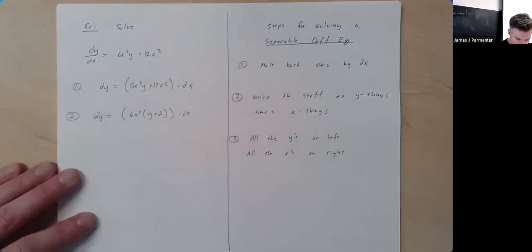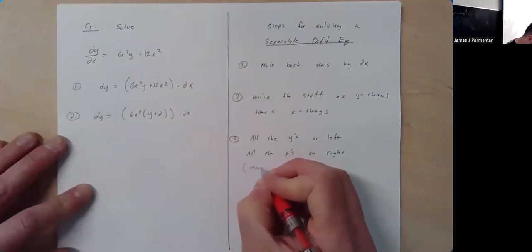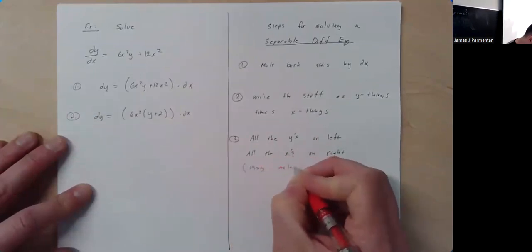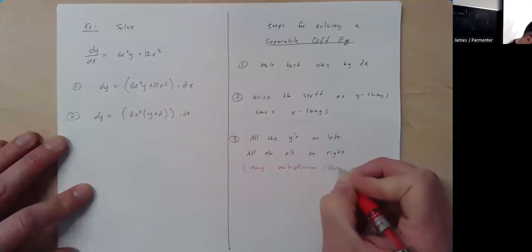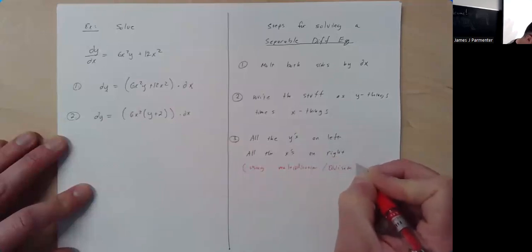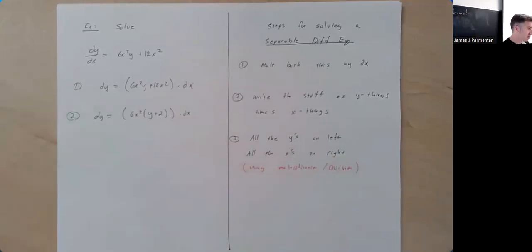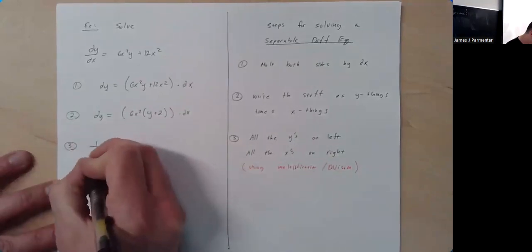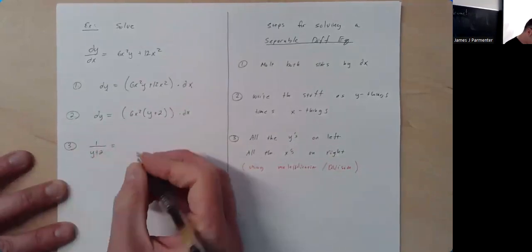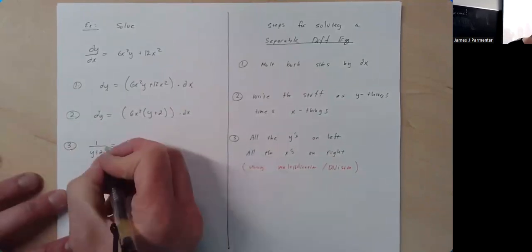And I should point out at this stage, the only way we can do that is by using multiplication and division. We cannot add or subtract pieces. So I'm going to divide both sides by y plus 2. So I'm going to have 1 over y plus 2 equal to 6x squared dx. Oh, sorry, 1 over y plus 2 dy.